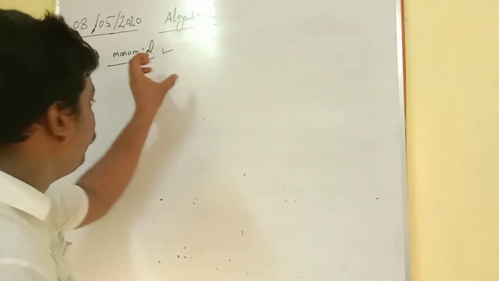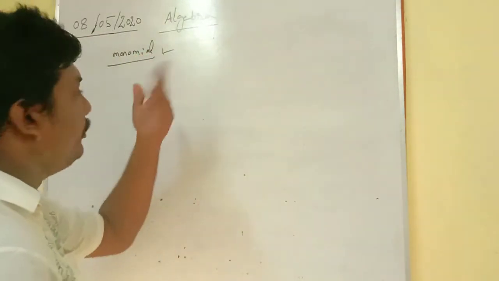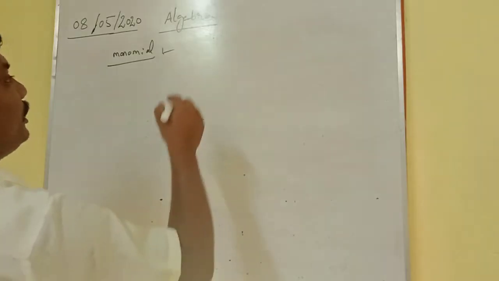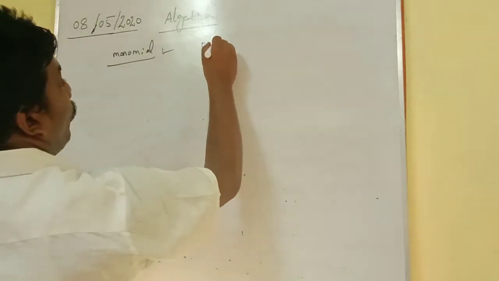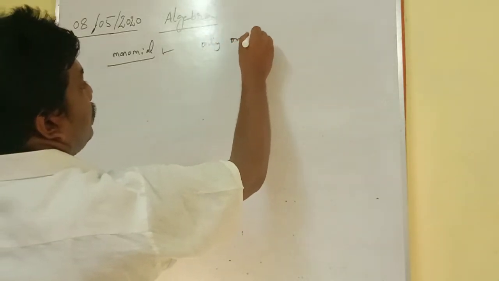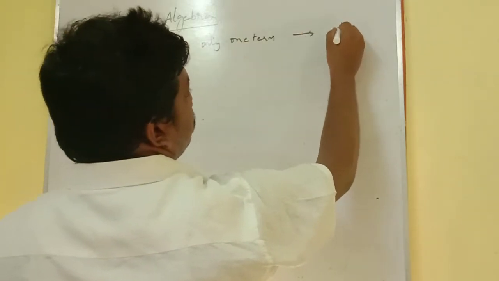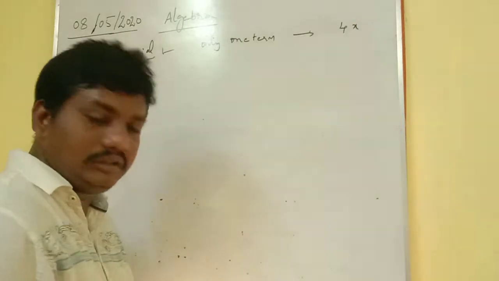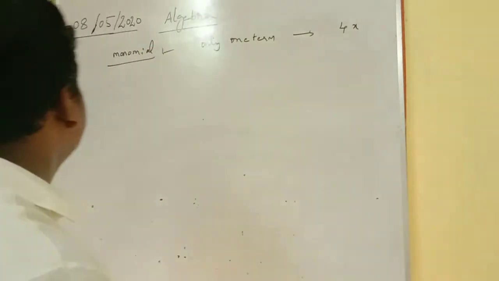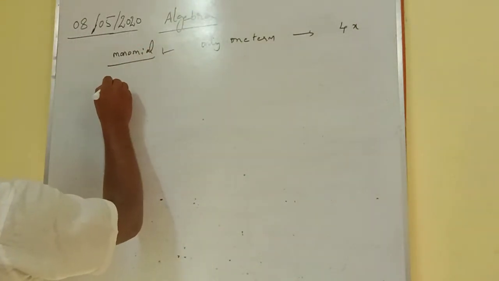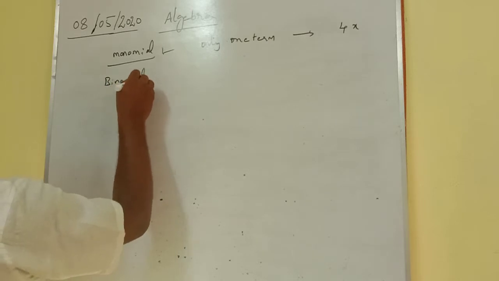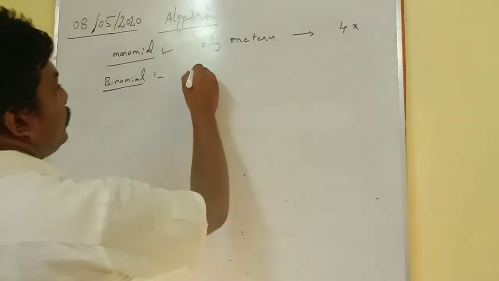A polynomial having only one term is called a monomial. The example is suppose 4x. This is only one term. So binomial, having two terms.